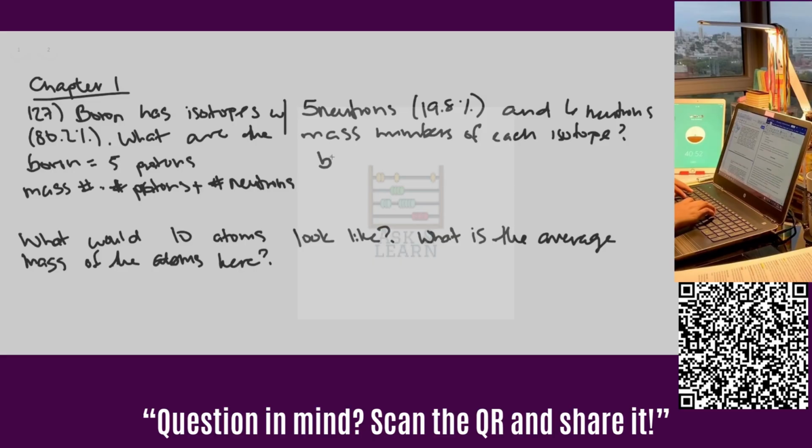So the boron isotope with 5 neutrons would be boron 10, because there are 5 protons and 5 neutrons. And the boron isotope with 6 neutrons would be boron 11.